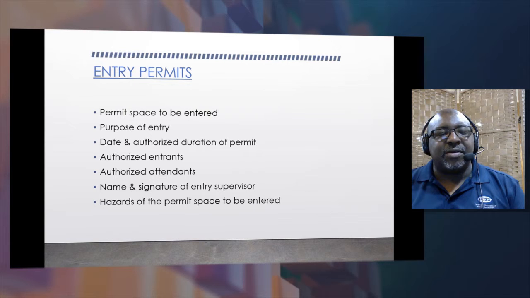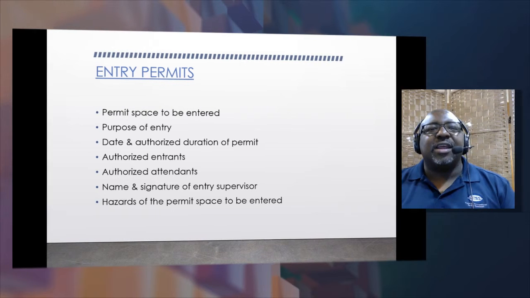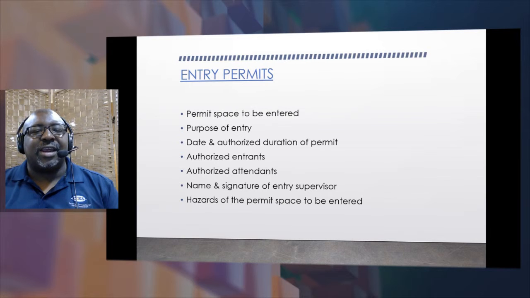The purpose of the entry, and then also you want to put down the date of the authorization and the duration of the entry in that permit. Who are the attendants? Who are the entrants? Who is the supervisor at that location? Have everybody sign off on it.